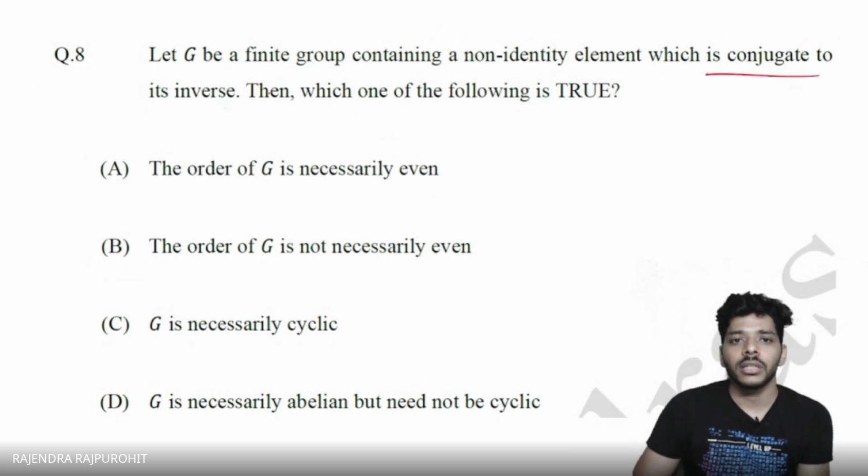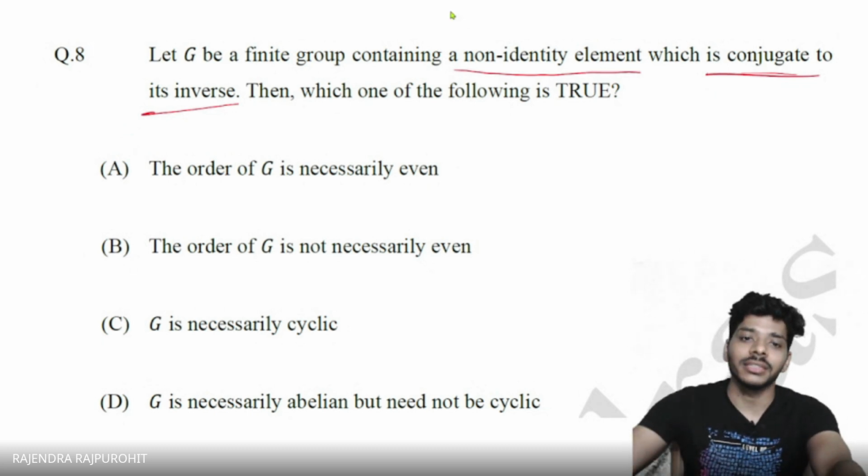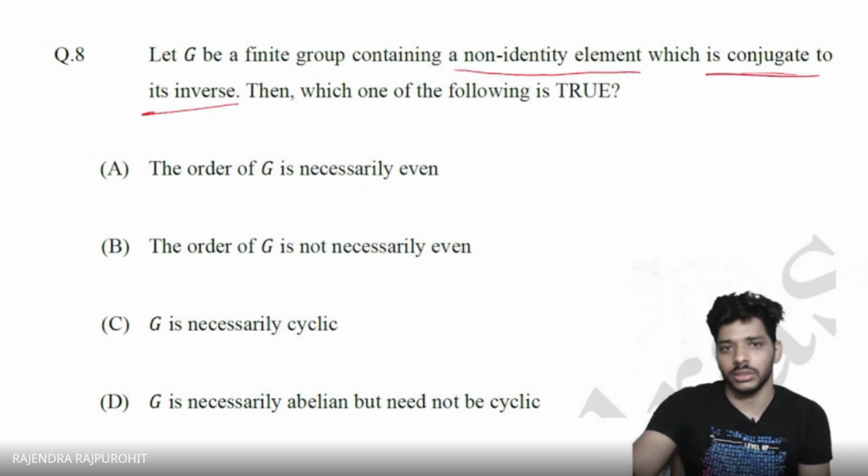So, G is a finite group containing a non-identity element which is conjugate to its inverse. Now, what is a conjugate element? You need some basic definitions in that case. So I'll just go to the definition of conjugates of an element. What is a conjugate?